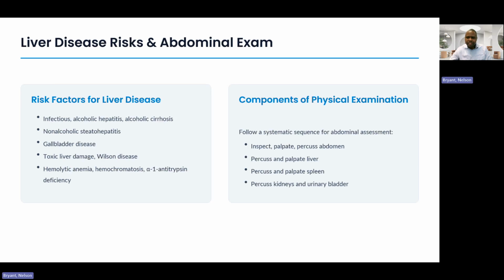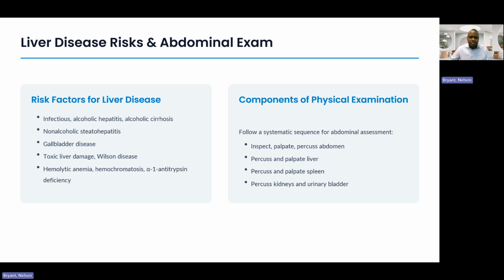So liver disease can stem from, for example, infectious hepatitis or alcohol use, especially if it has been for a long time, or even non-alcoholic fatty liver disease, which is becoming more common because of metabolic syndrome. Other genetic conditions like Wilson disease may also be risk factors.